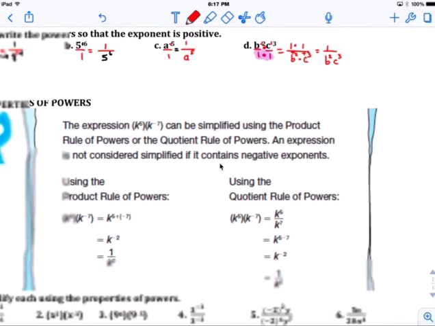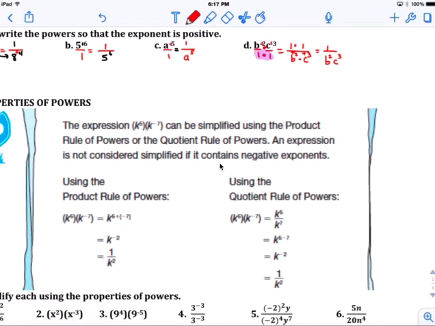All right, so that's very important, you know. This is saying the expression can be simplified using the product rule of power, quotient of power rule. An expression is not considered simplified if it contains a negative exponent.